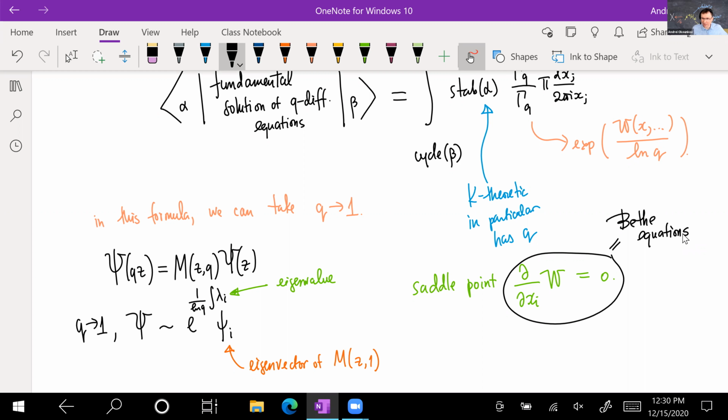So this is what you substitute and see if it's an eigenvector or not. So that's the stable envelope. And then if the Bethe equations are satisfied, then you get the actual eigenvector. Make sense?